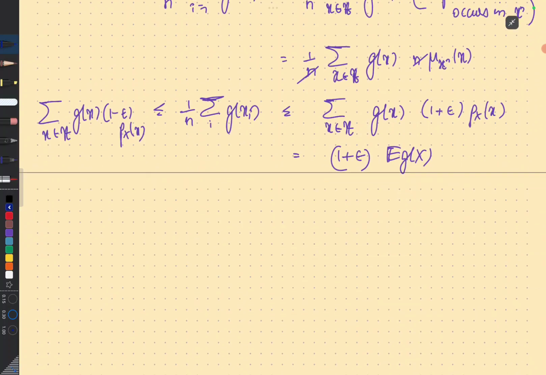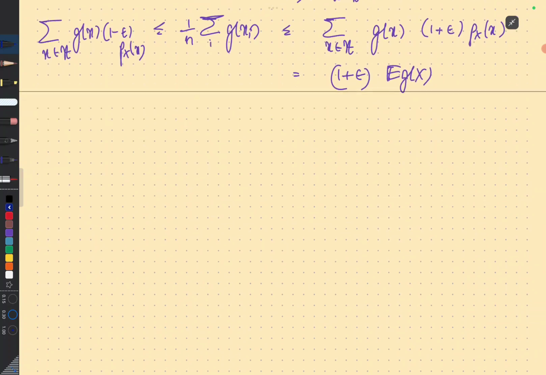So let's take a very specific choice of g. We take this to be log 1 over px of x. Okay.